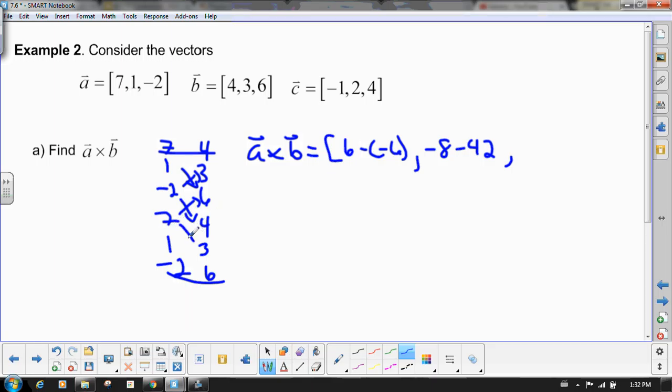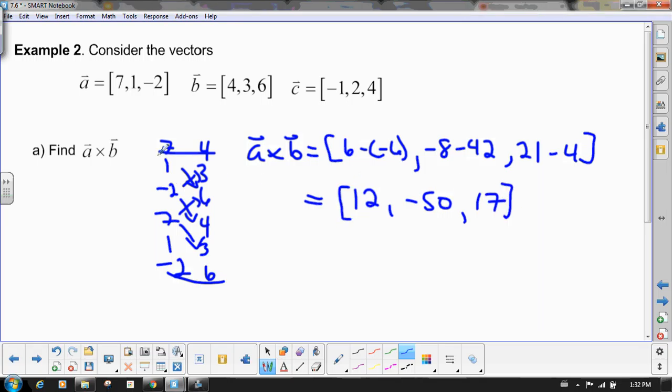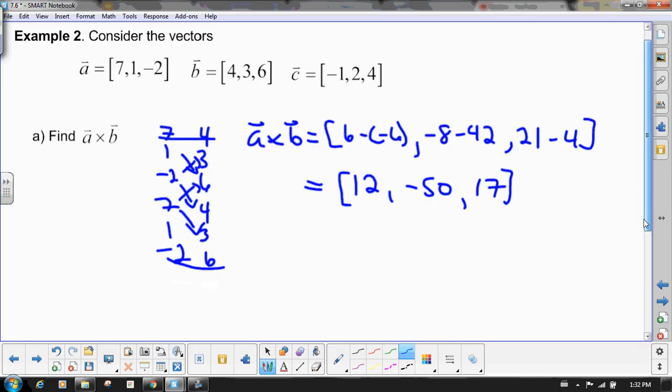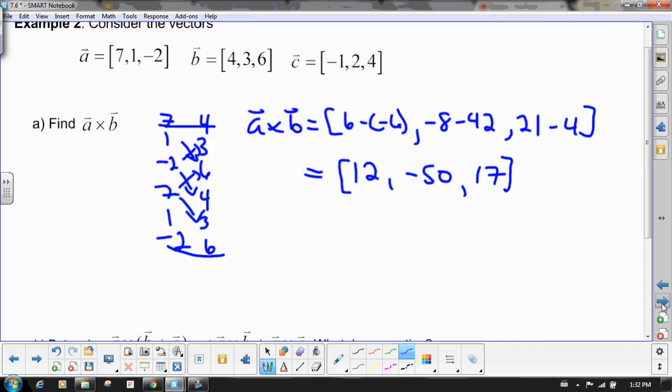And then 7 multiplied by 3 is 21 minus 4. So this becomes 12, negative 50, 17. So when I do the cross product of these two vectors, this vector right here will be perpendicular to both of them at the exact same time.